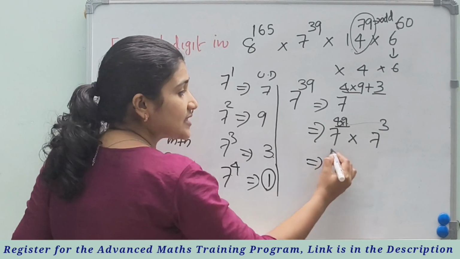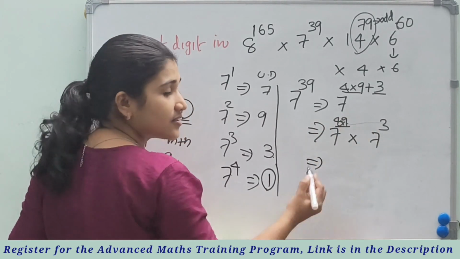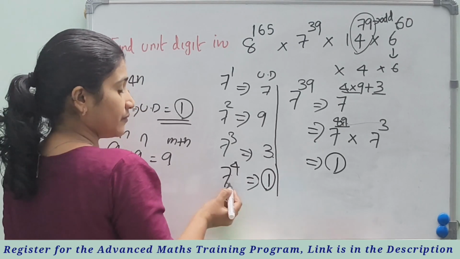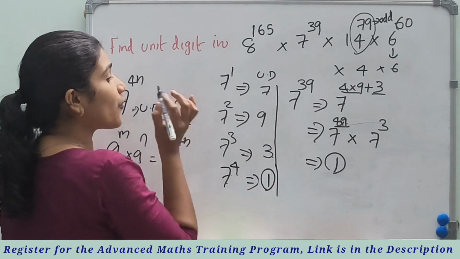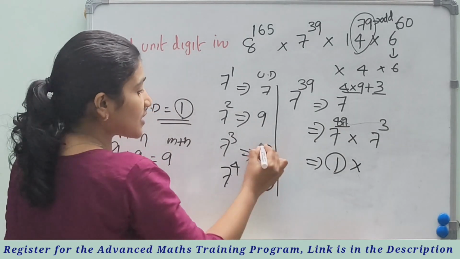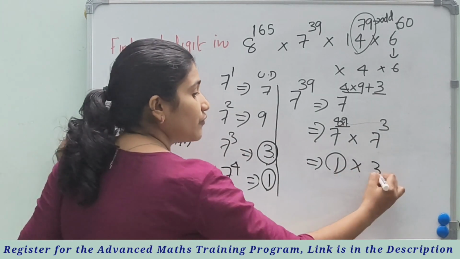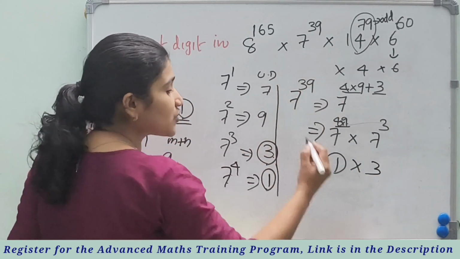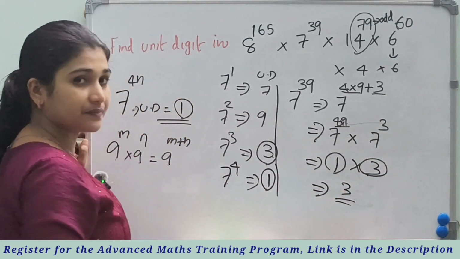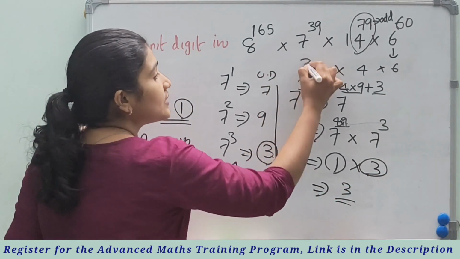So unit digit in 7 raised to 36 is 1. Unit digit in 7 raised to 4n is 1, and unit digit in 7 cube is 3. Which means unit digit in 7 raised to 39 is 1 into 3, 3. So here we have 3.